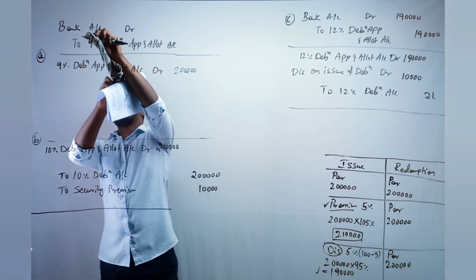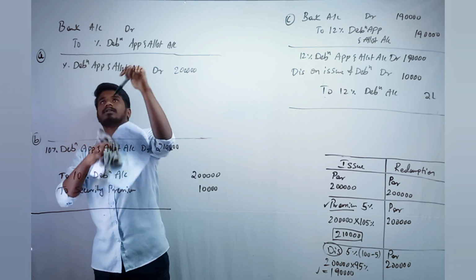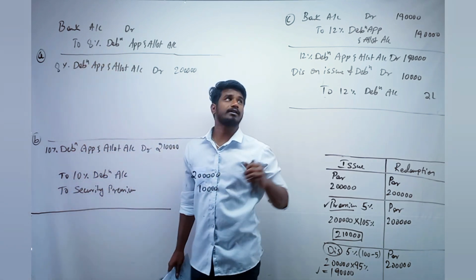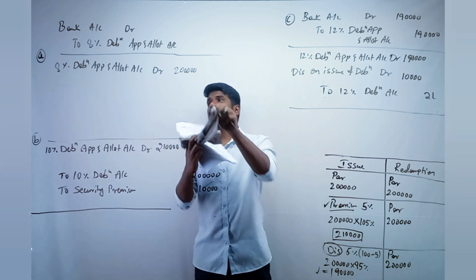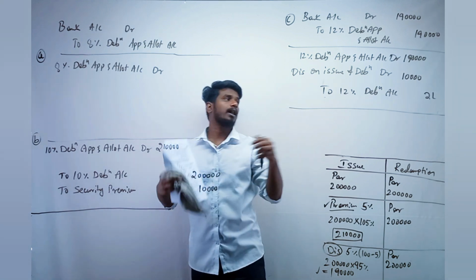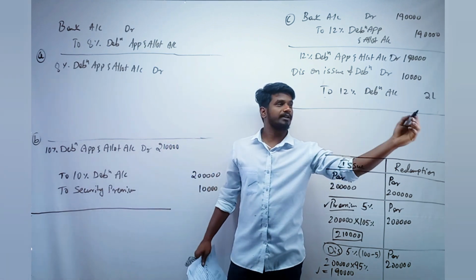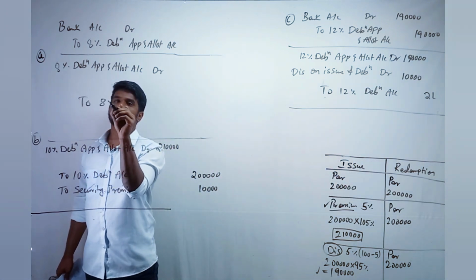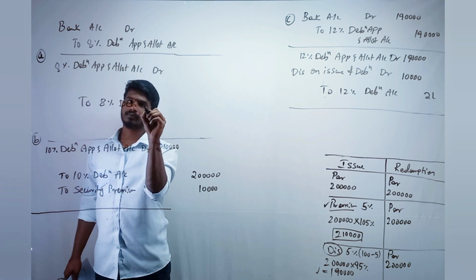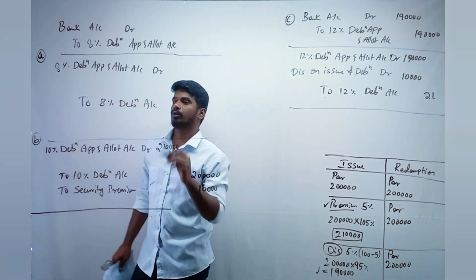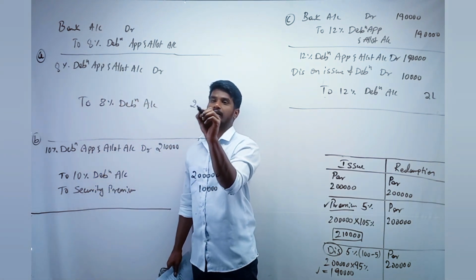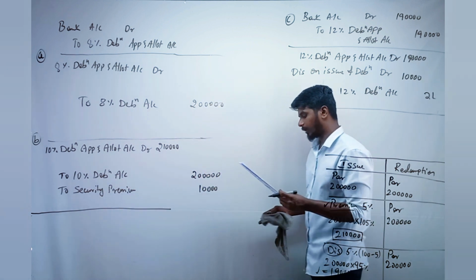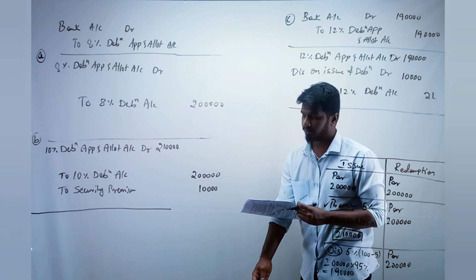Just change it to 8%. Next, we should write 8% debenture account with a gap to 8% debenture account. So here we will write 2 lakh, whatever the given amount is there, correct? So 2 lakh is given, 2 lakh we will write.